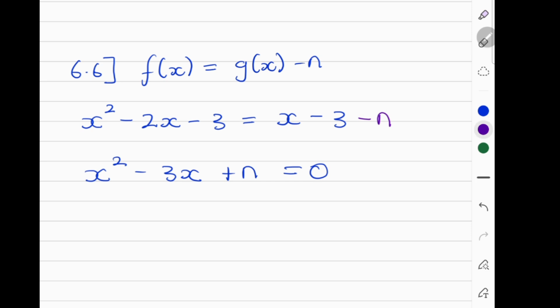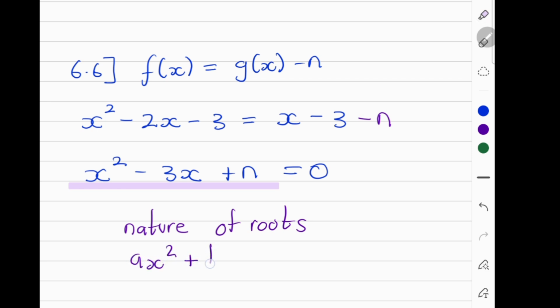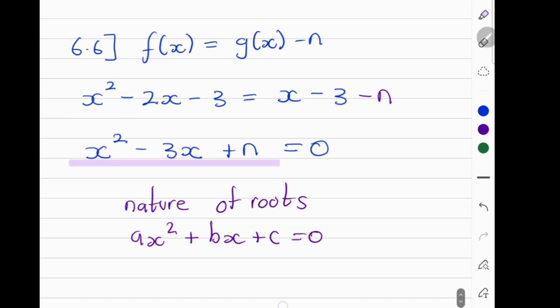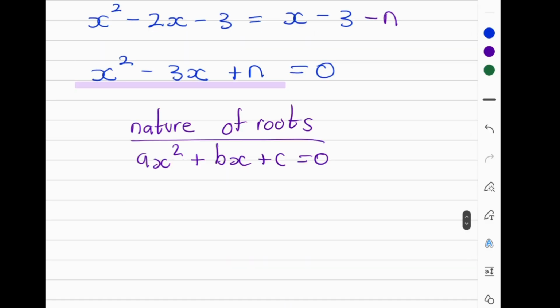Remember, if I use the concept called the nature of roots, this here is a quadratic equation in the form ax squared plus bx plus c is equal to 0. If my discriminant is equal to 0, I have one real root.